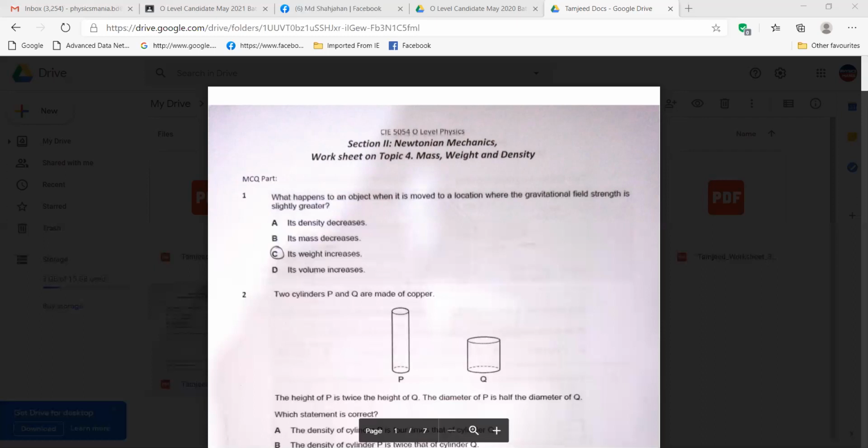8 Bangladesh. 9A, cross. On A, you give a cross. 10B, Bangladesh, yes. 11A, cross.